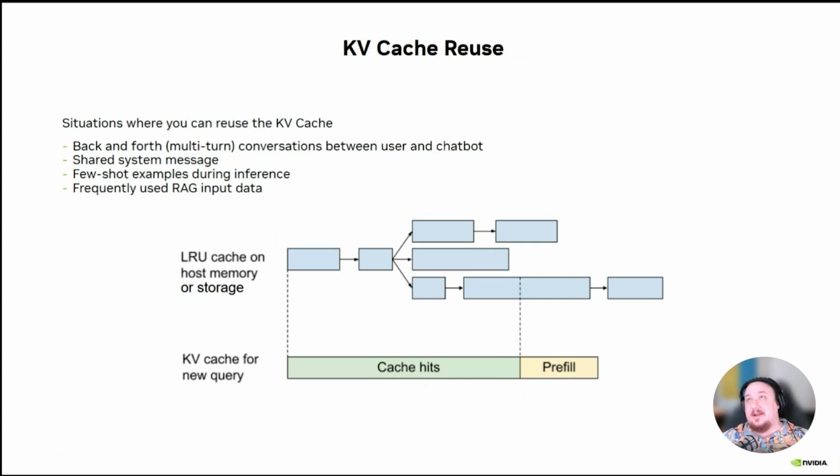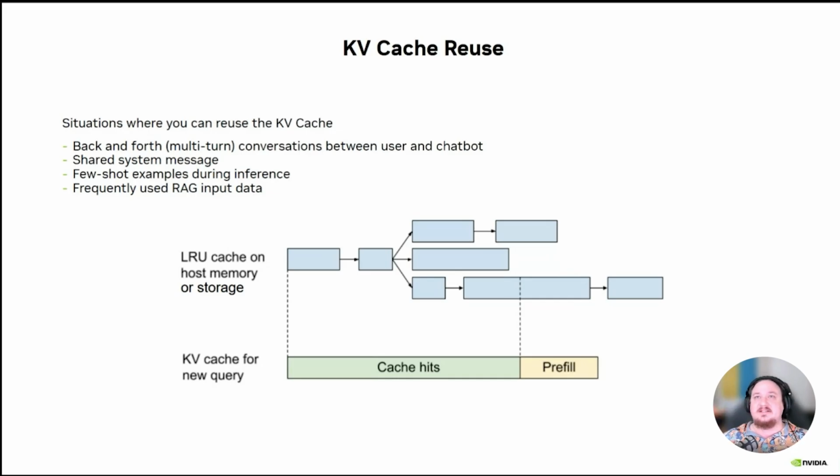When we're doing something like RAG, and we have a vector database, and we see that one or two chunks from our vector database are over-leveraged, so they're used all the time, we want to be able to say, hey, let's just leave that in KV cache, because we know we're going to need it most of the time. Especially as we get into these more complex setups that we're going to look at, this is useful.